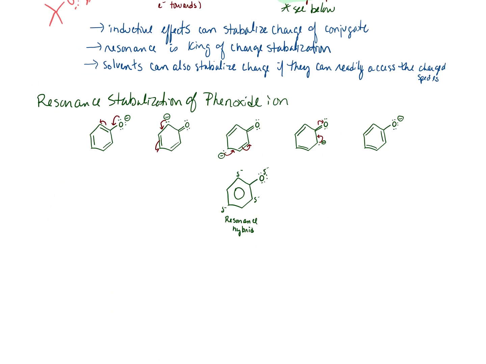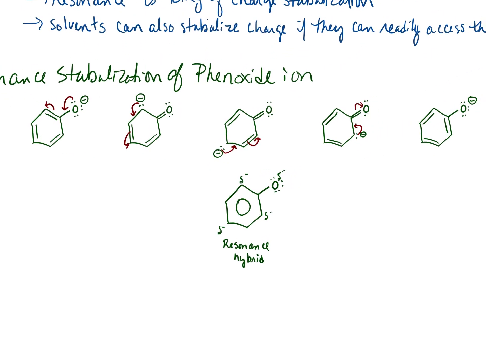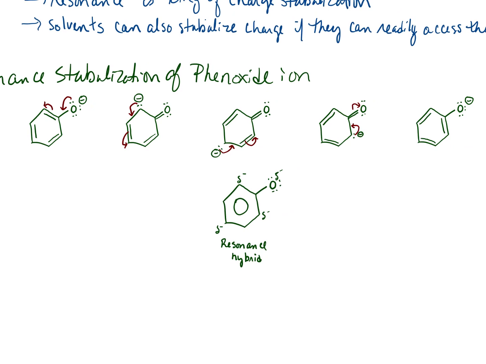Now, remember, we can resonance stabilize that phenoxide ion. So here's how we do that. I drew for you the different resonance structures. So these electrons from oxygen can come in. They then go up to the next carbon over, and then we sort of just take that on throughout this ring.